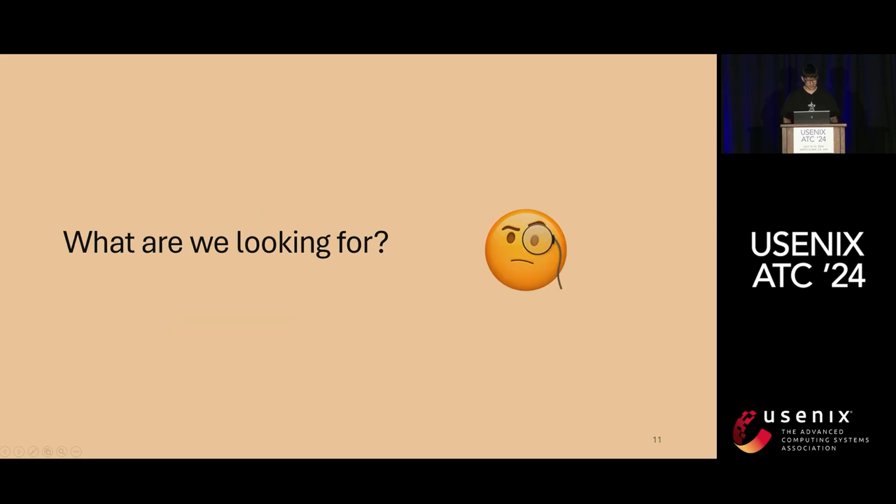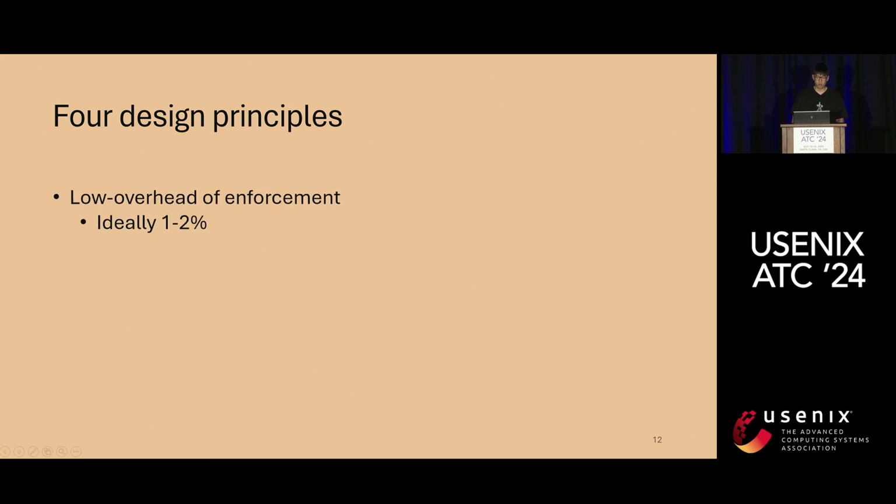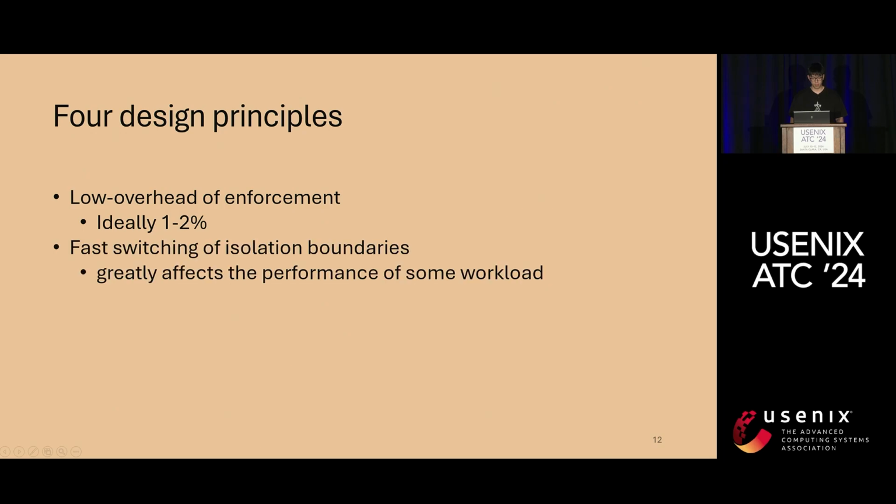Almost. So what are we looking for from these new mechanisms? Specifically, we're looking at 4 design principles. We want low overhead of enforcement. Anything with more than 5% overhead is unlikely to be adopted. We want fast switching of isolation boundaries.